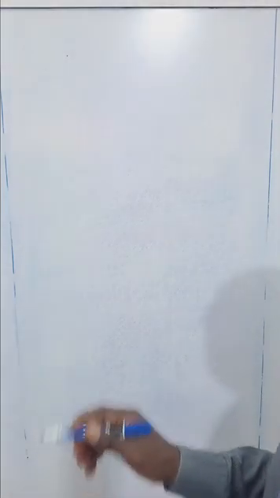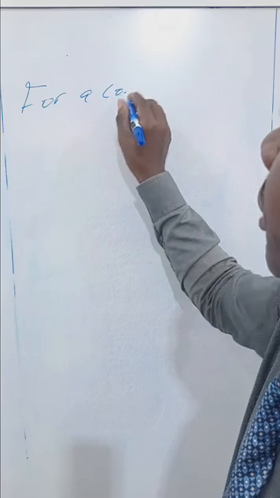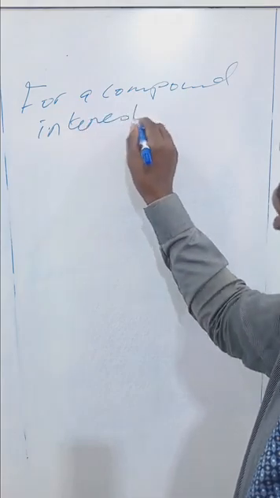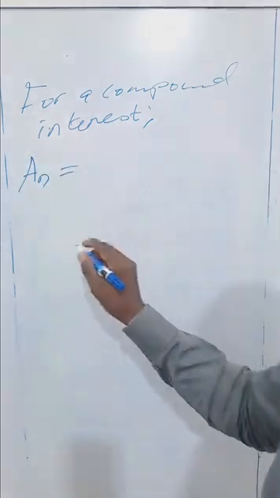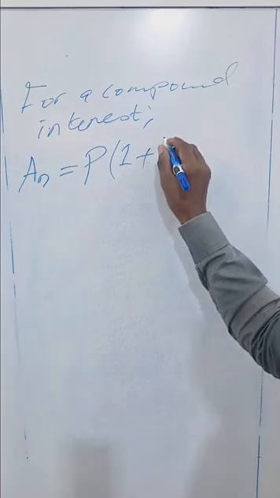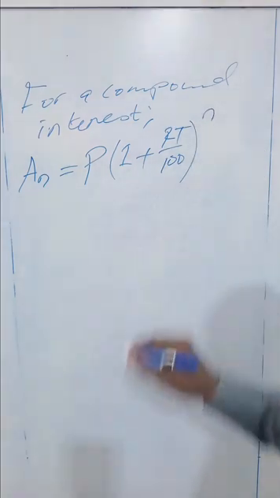I'm not going to derive the formula from the beginning to the end because that will take us a lot of time. But I'm just going to explain some simple terms which you can use to get the correct information. Remember, for compound interest, the amount after n years is given by the formula P, then 1 plus RT over 100, raised to power n.